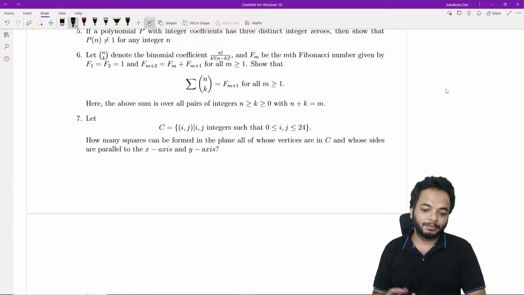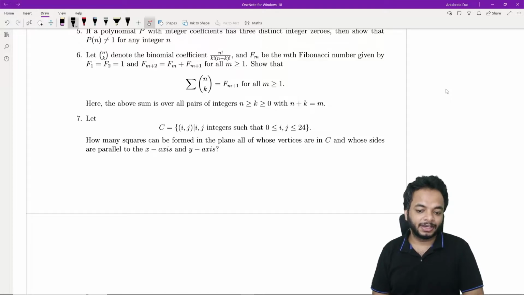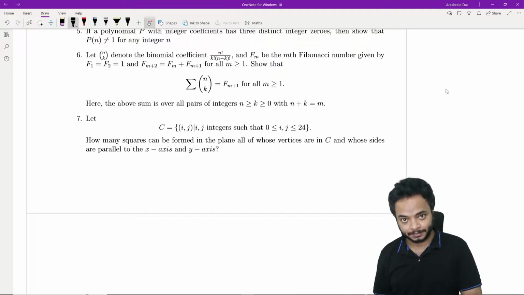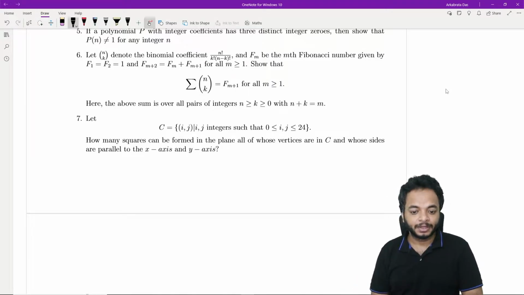For f_{m+2}, as you can understand, like for f_{m+1} we have to go for n plus k equals m. Now we are basically backtracking, and here we get an idea.